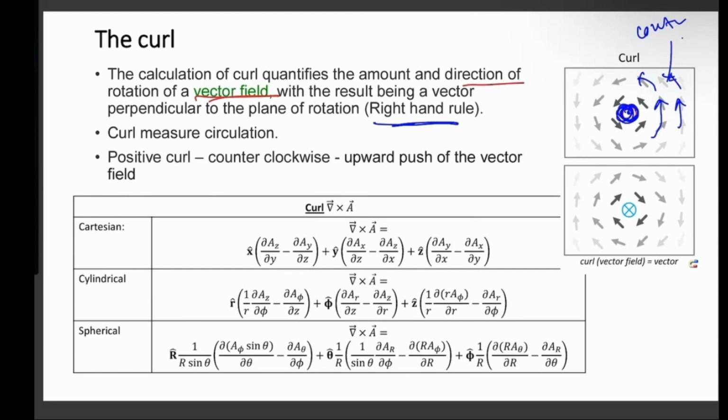If you apply the right hand rule to this other one, your fingers show the direction of the arrow, so the thumb will go into the board. This one goes out, and we call it positive curl. This one is negative curl.